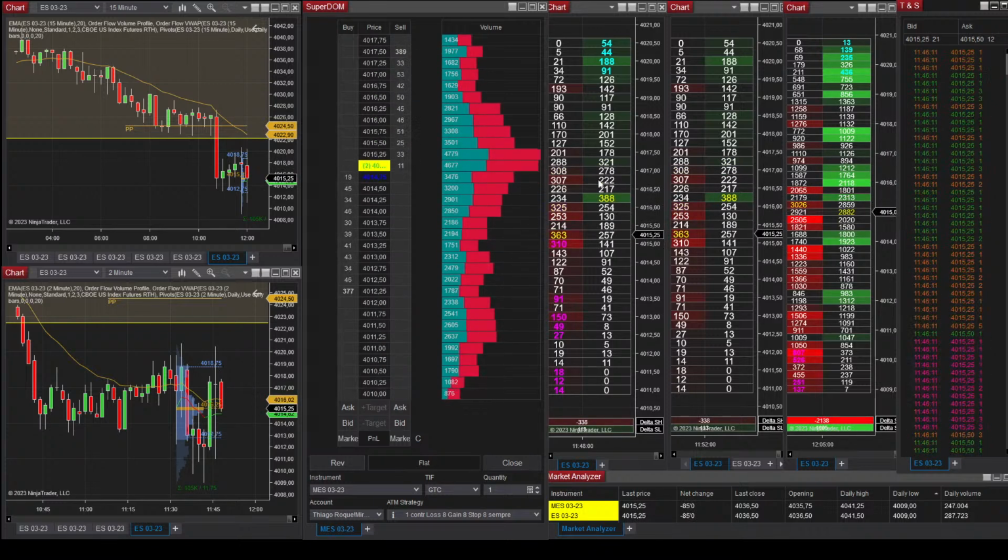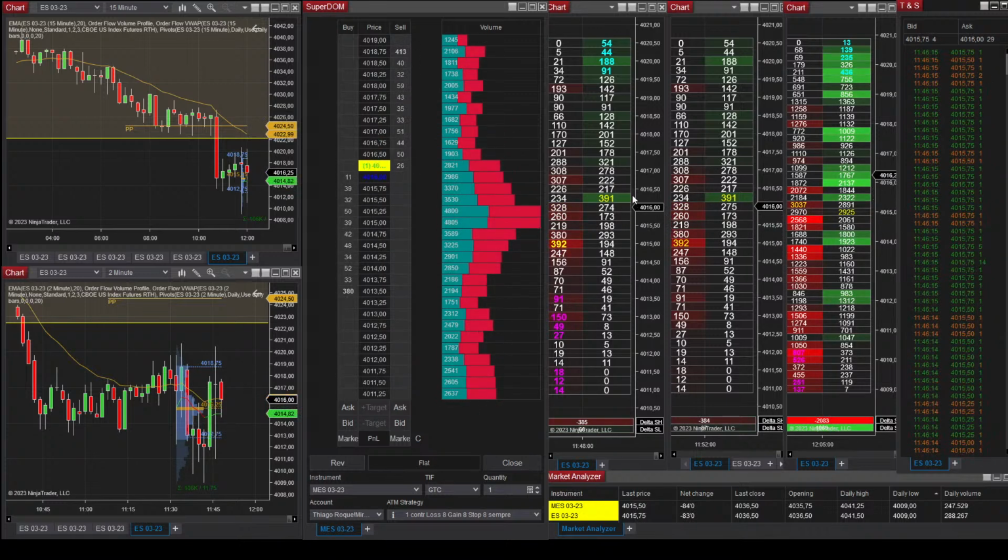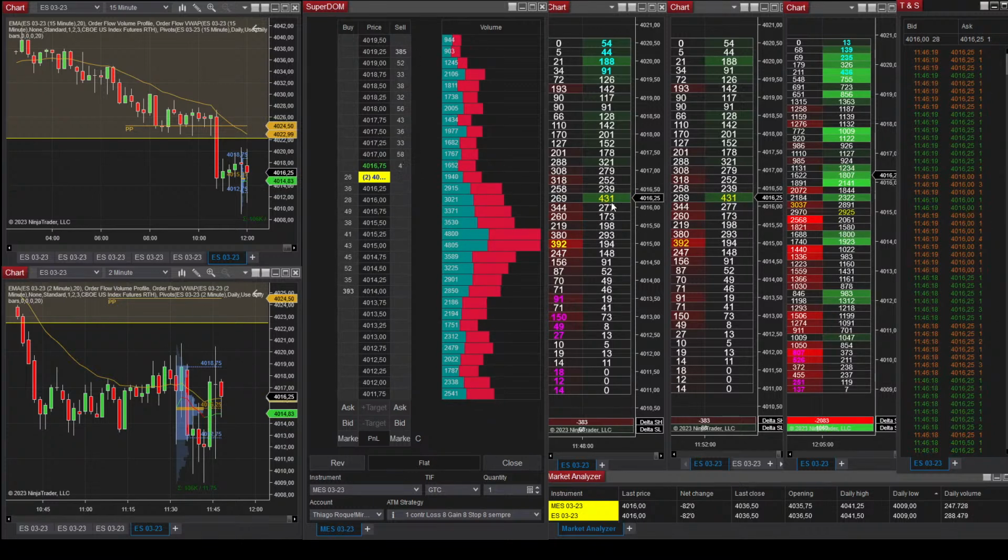We're seeing the absorption. We've seen buyers aggression, but sellers absorption here in 16.